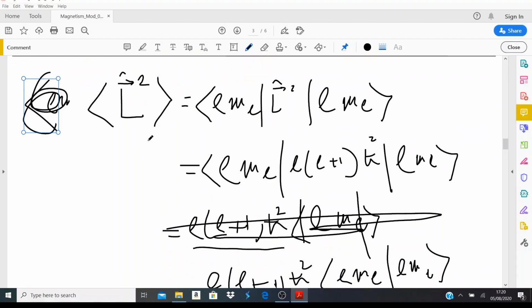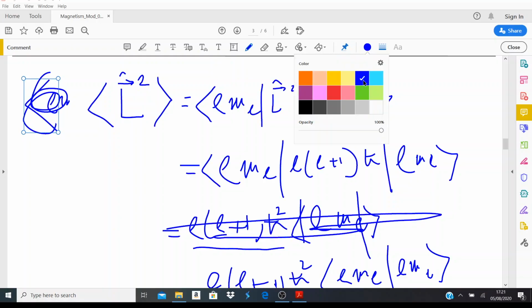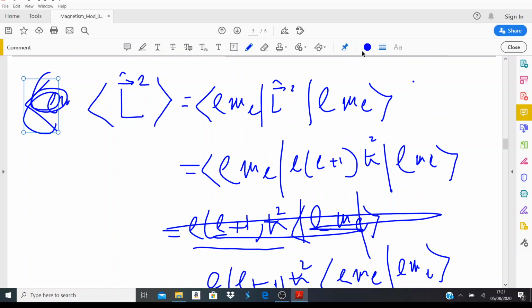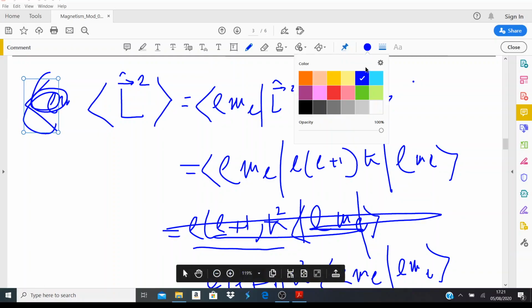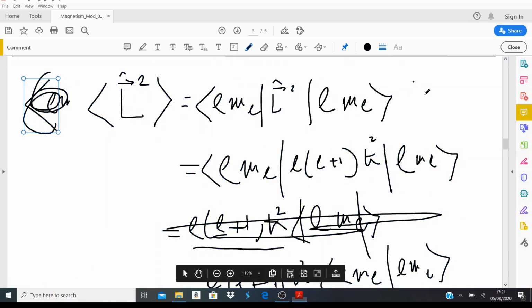Similarly, here we found the expectation value between two identical states. But somebody can ask, what if you want to calculate it with two different states, ⟨l', m_l'| and |l, m_l⟩?